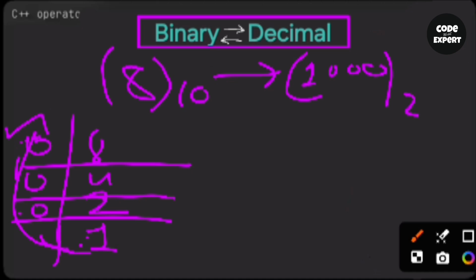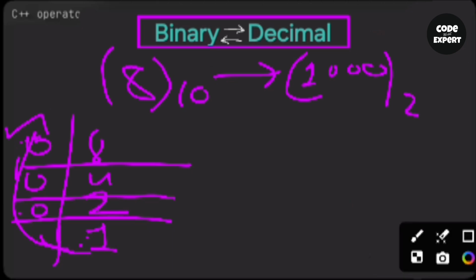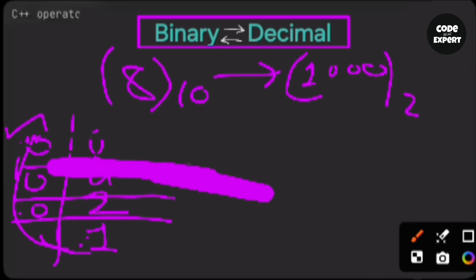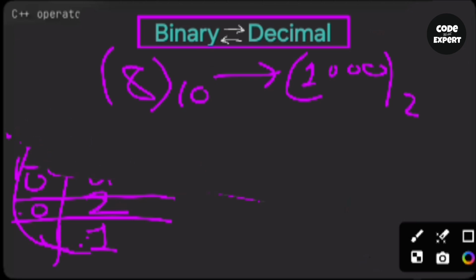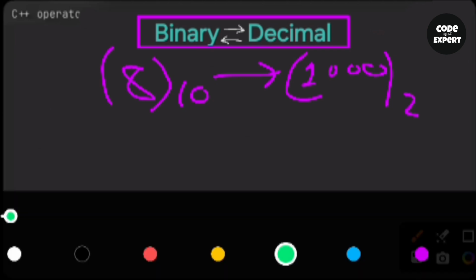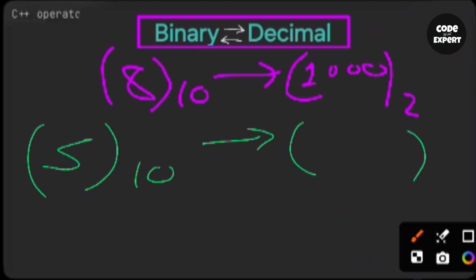Okay, let us take another example. Now for example number 5, if we want to convert it into binary, again we will divide 5 by 2, so the remainder is 1 and the quotient left is 2.